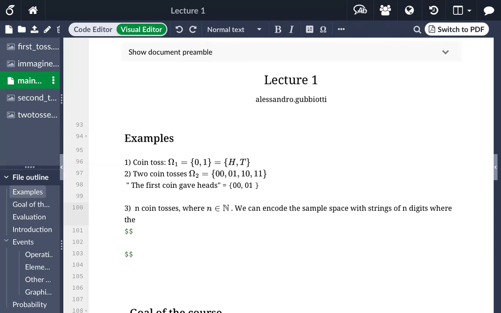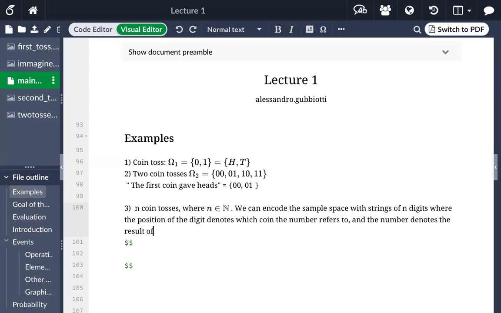where the position of the digit denotes which coin the number refers to, and the number, which actually could be whatever symbol, but in this case the number denotes the result of the coin, 0 or 1.